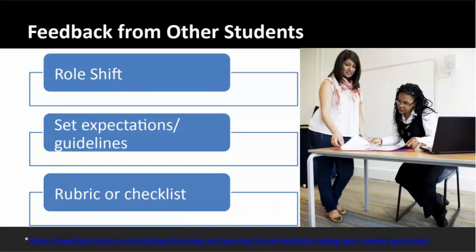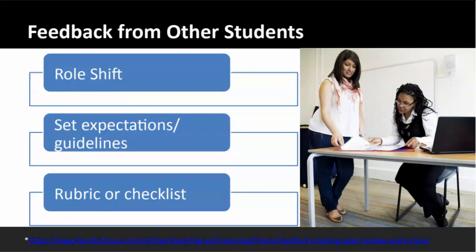Way back when, the first time I tried this, I had students review each other's work, and it went fine, except for one person who went way overboard and graded it like a professor would grade it. So I realized I didn't clearly set the expectations. It wasn't supposed to be graded like that.